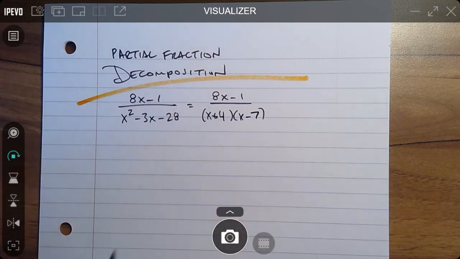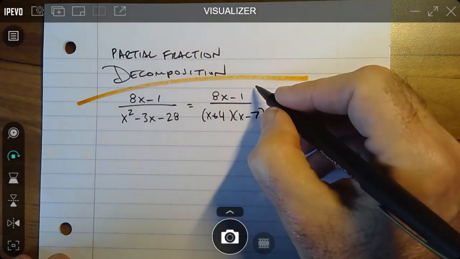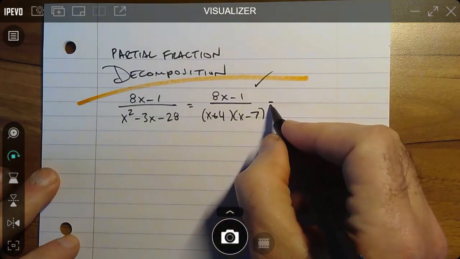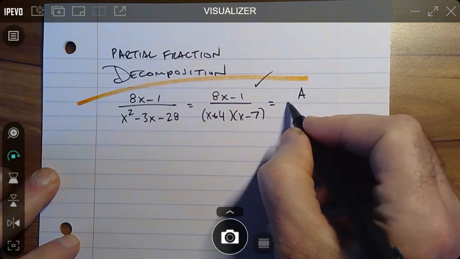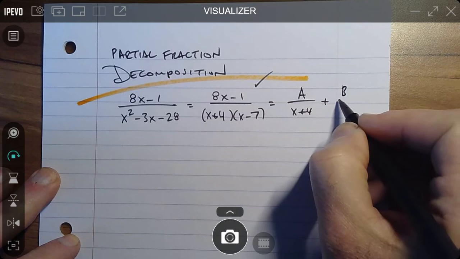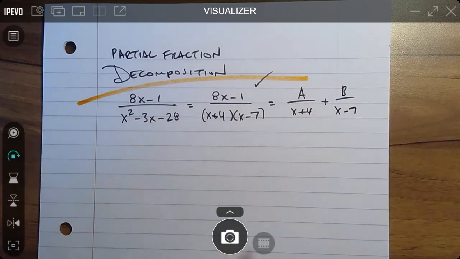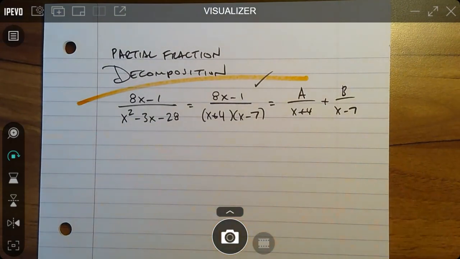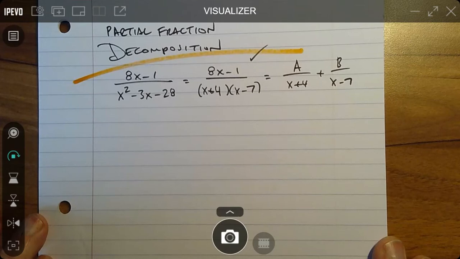So we need to be able to factor that. Hopefully that's the right factoring. You should be able to factor. So our goal is to break this into something over x plus 4 plus something over x take away 7. So if we can find those a and b values, this is going to be a format that's going to be a lot easier to work with in our problem.